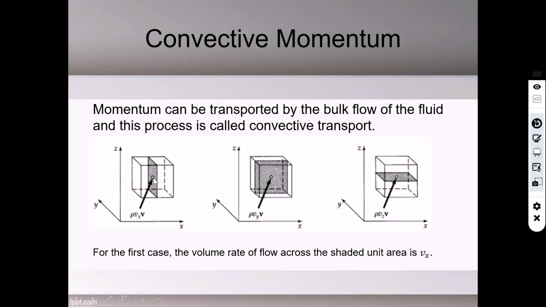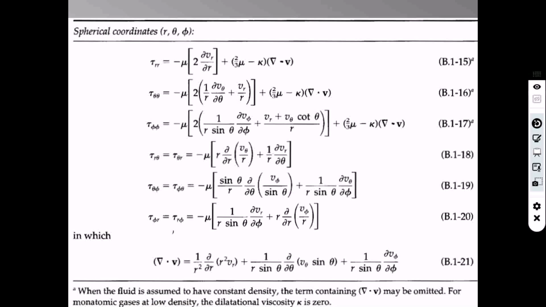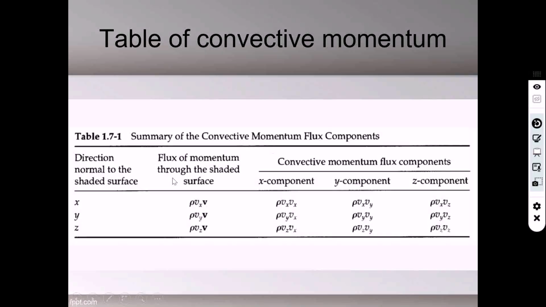That's the first component. And the second component is the direction of the force. We are trying to calculate the force. The second index indicates the direction of force. It can be understood, right?